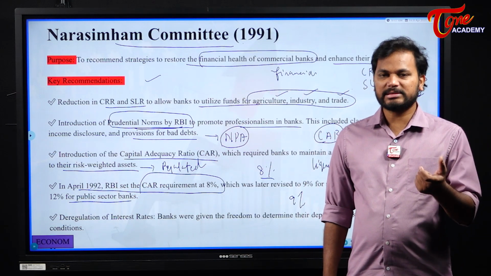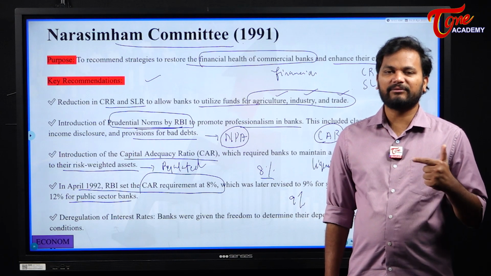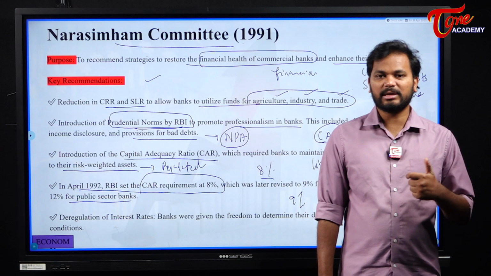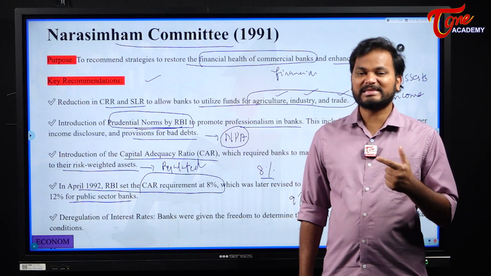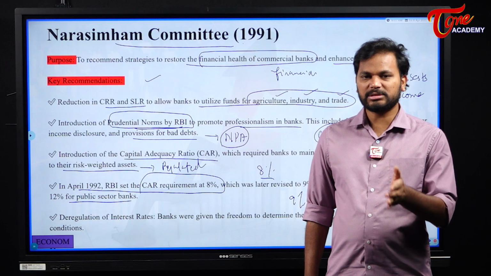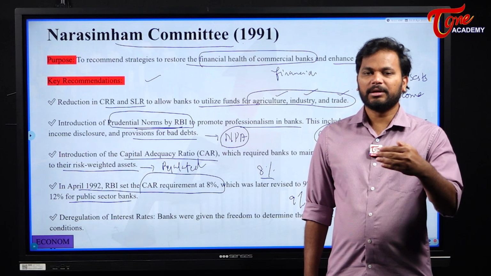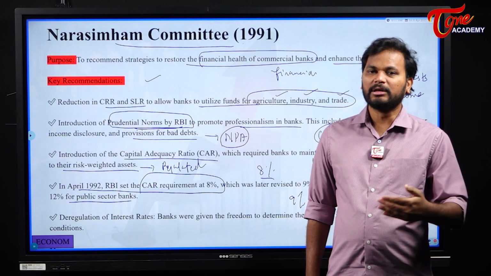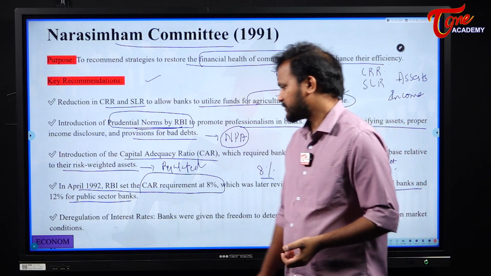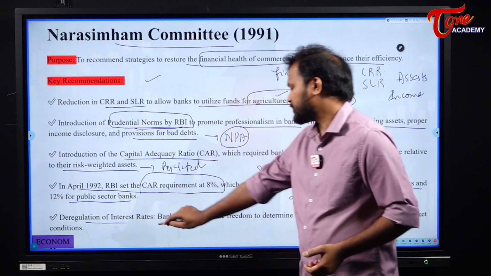The reason is that the percentage of non-performing assets is high in the public sector banks, and that is the reason the public sector banks have been required to maintain 12% CAR. Next. Deregulation of interest rates.